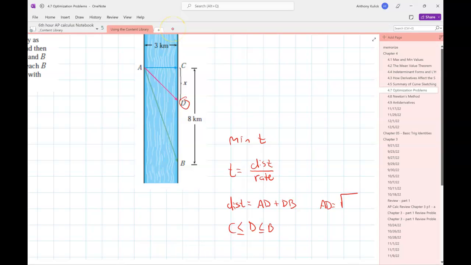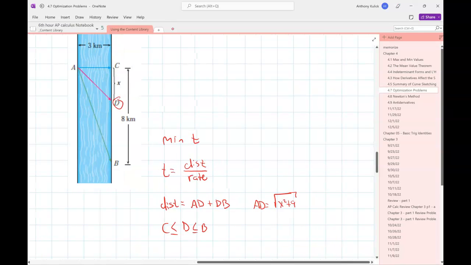So AD is just going to be the square root of x squared plus 9. Everybody happy with that? What's DB going to be? Excellent.